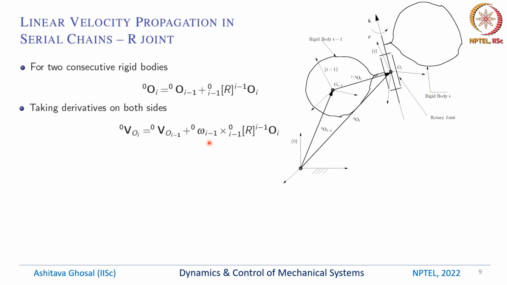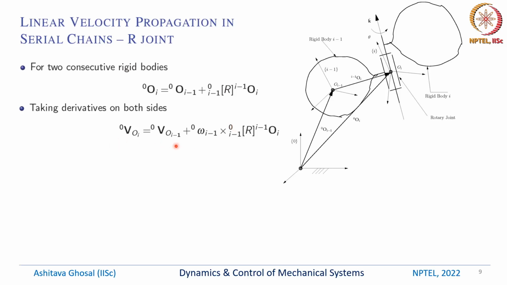We can show that the derivative of the second term will lead to something like omega cross r. We need to do it properly so that the omega is in the 0th coordinate system and this r is also in the 0th coordinate system, the fixed reference coordinate system.